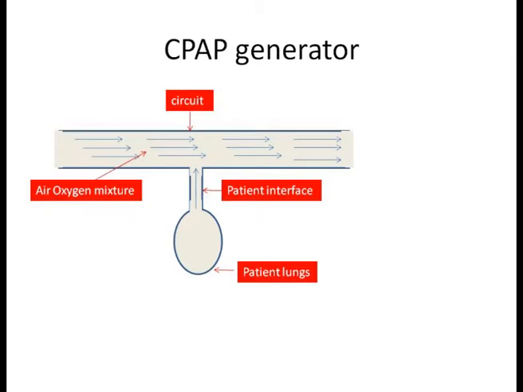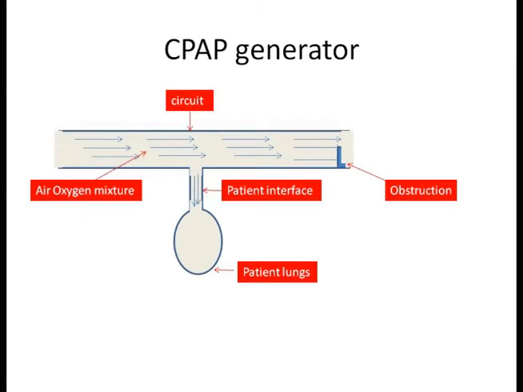When this air oxygen mixture is going in the circuit and connected to the patient, the gas from the patient goes to the circuit, but to ensure the gas from the circuit to go to the patient, we need to obstruct the flow of gases in the circuit. So this obstruction to the flow of gas in the circuit will cause the gas to go to the patient and build pressure in the patient lungs.